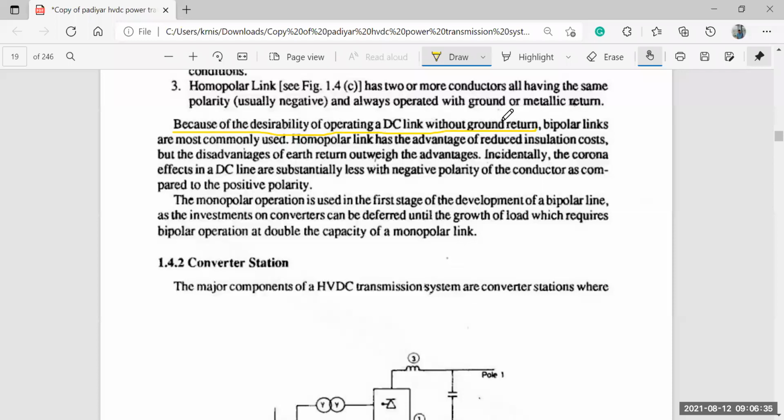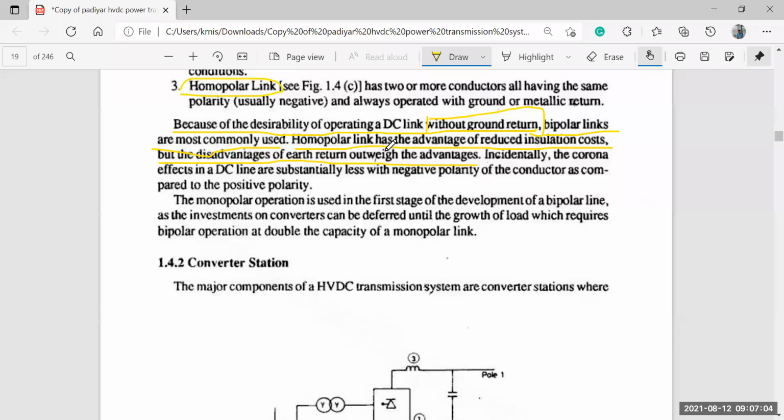Because of this, bipolar links are most commonly used. Though homopolar links have the advantage of reduced insulation cost, the disadvantage of earth return outweighs the advantages. The cost is less, but the earth return is the one disadvantage in your homopolar.